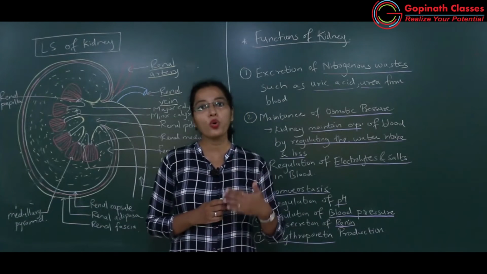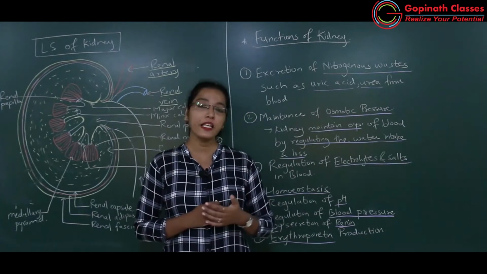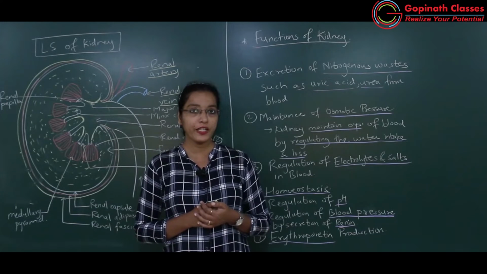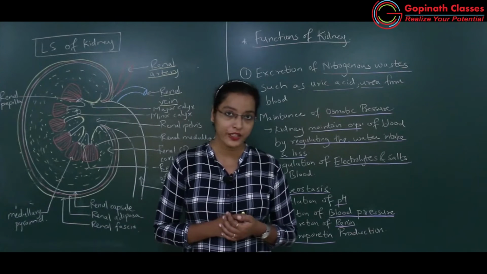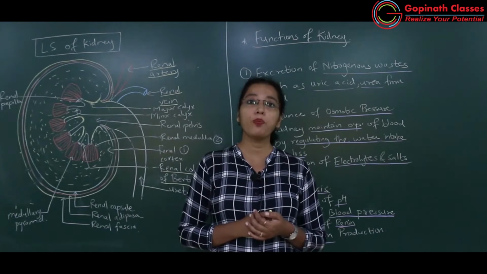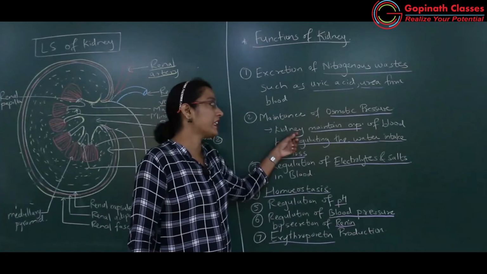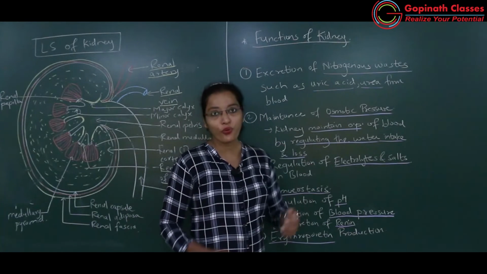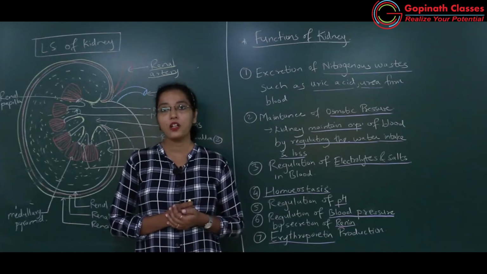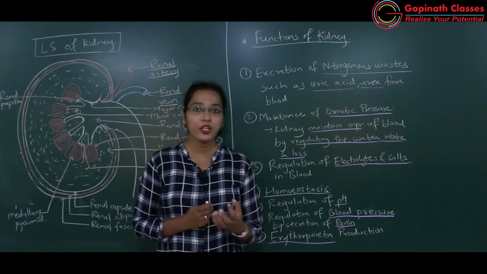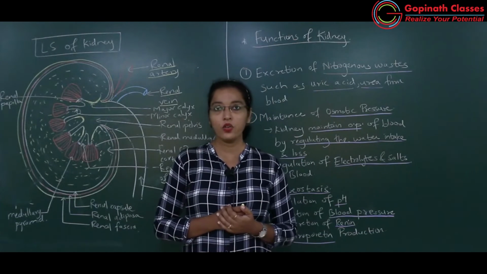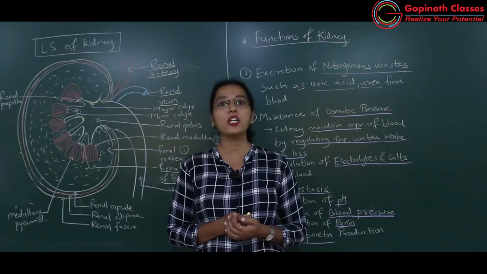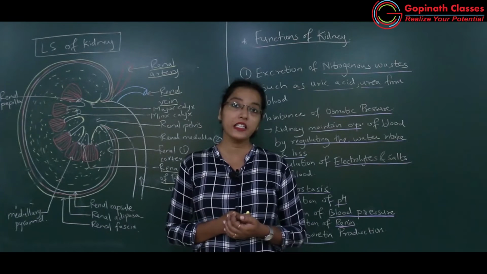So more water will be eliminated out of the body in the form of urine. Okay, got it? So hypotonic urine will be excreted out. If there is less consumption of water by the organism, then kidneys will try to conserve water, and likewise hypertonic urine will be excreted out.